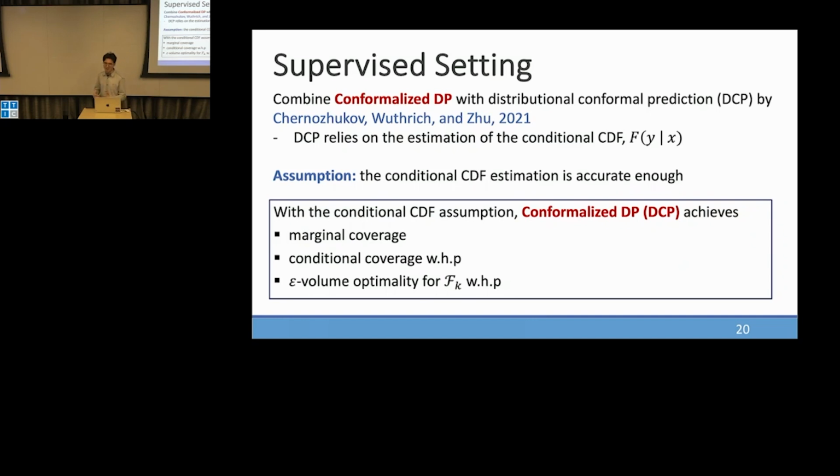Then, based on this assumption, our method can achieve both marginal coverage and conditional coverage with high probability, and also epsilon volume automatically with respect to the family set K of intervals.